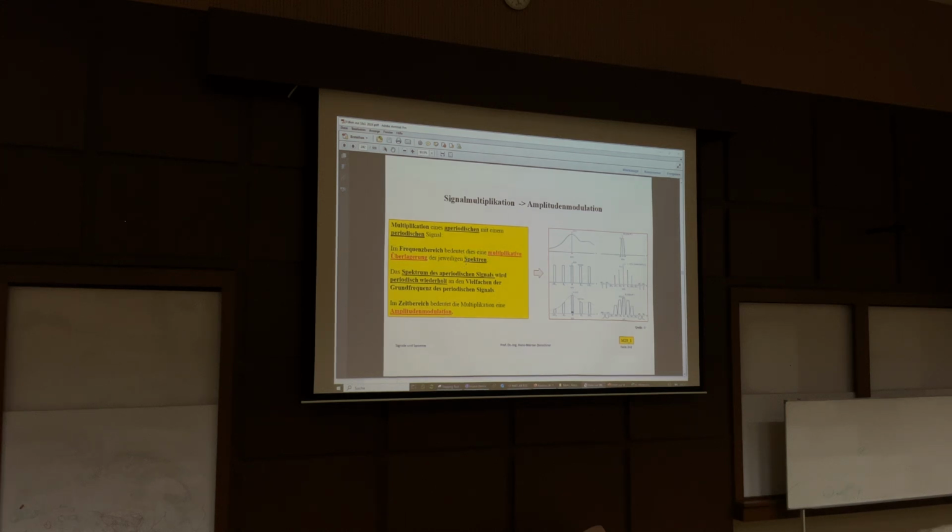A multiplicative overlay of the respective spectra. The spectrum of the aperiodic signal will be periodically repeated at the multiples of the base frequency of the periodic signal. In the time domain, this means a multiplication, and that is an amplitude modulation.